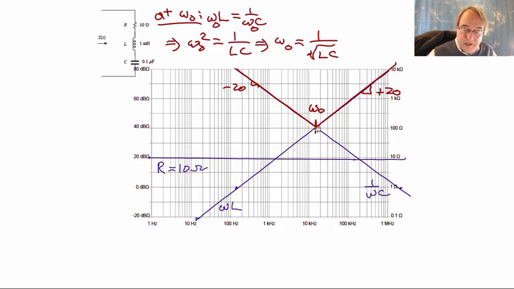Okay, again we get a simple analytical expression for the corner frequency right off the asymptotes. Now one other thing is that you can see that at omega naught the slope changes by 40 dB per decade. So that sounds like we have two zeros. It may also be that the zeros are complex, and we should suspect that.